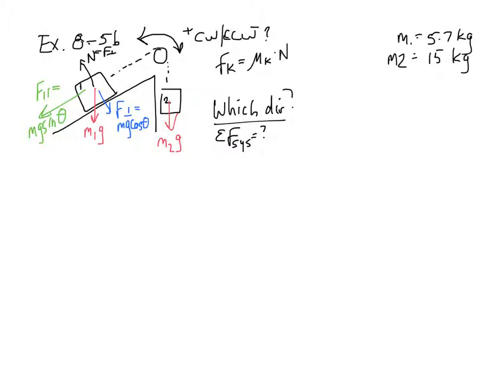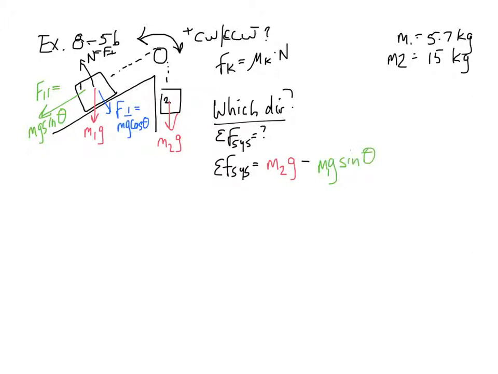Well, it depends on which force wins out, the weight force of this or the parallel force of that guy right there. So, we can say that the net force on the system is going to be m2g. This is the one that's acting in the clockwise direction. And so we're going to subtract from that the parallel force, m1g sine theta.